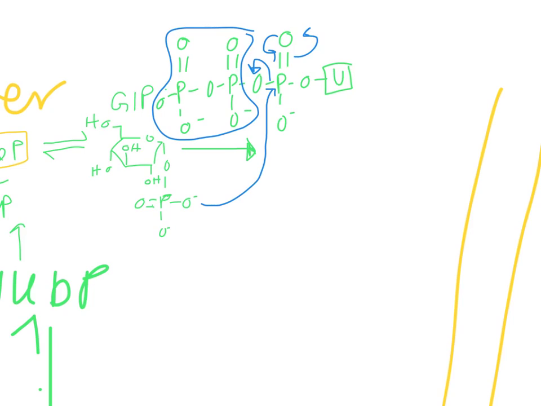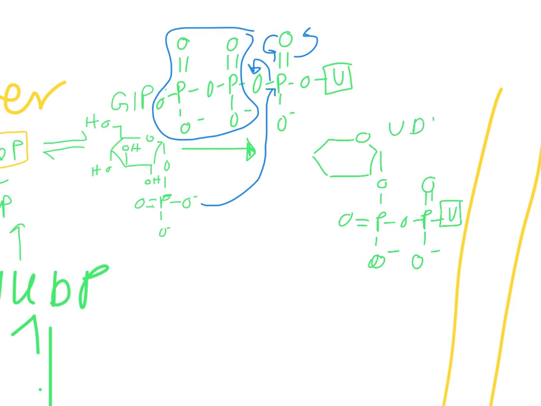Because what we end up with is, there's your glucose. I'm not going to draw all the things. We call this UDPG, or UDP glucose. This is a sugar nucleotide.